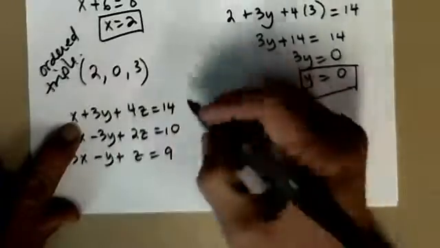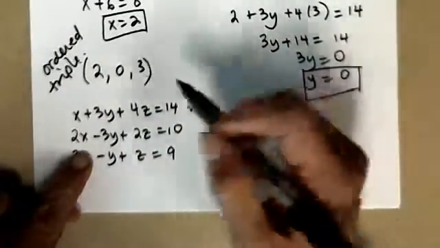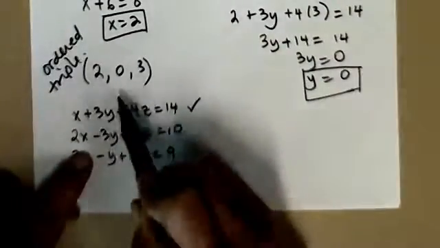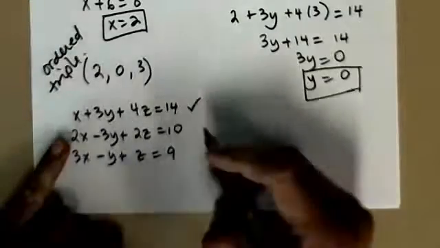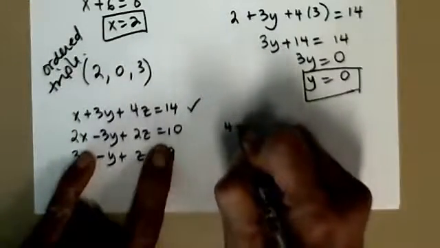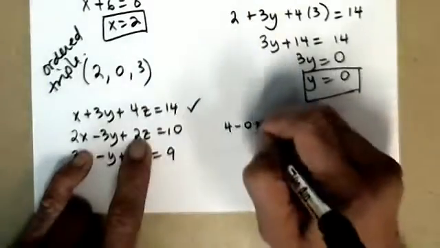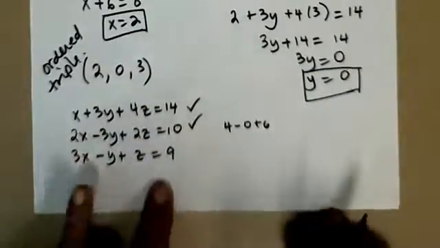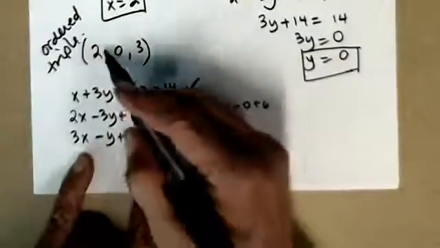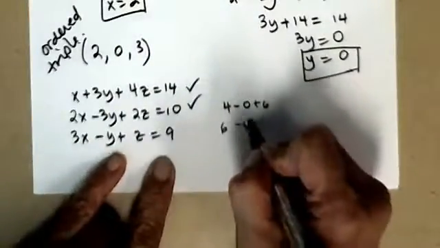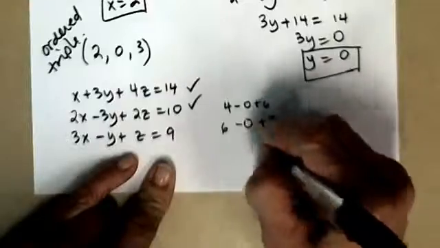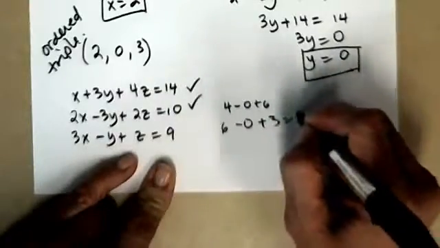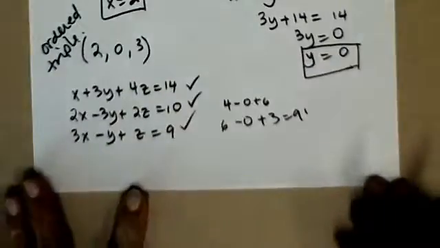Yes. 4 minus 0 plus 6 is 10. Yay. Let's see, last one. 2 times 3 is 6, minus 0 plus 3. 6 plus 3 is 9. Yes, it works in all of them.